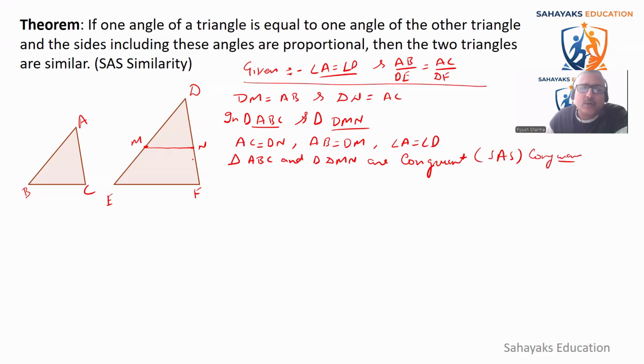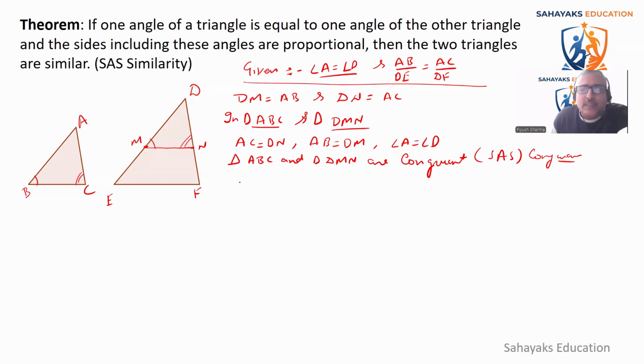So these two triangles are congruent. That means ABC triangle is exactly same as DMN triangle. Okay, this part is already proved now. So that means angle B is equal to angle M and angle C is equal to angle N. Okay, this part is clear.